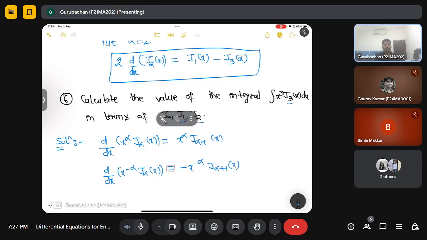So observe from here what you want. You want this to be in some decreasing sense. So this is the hint. You can try first.